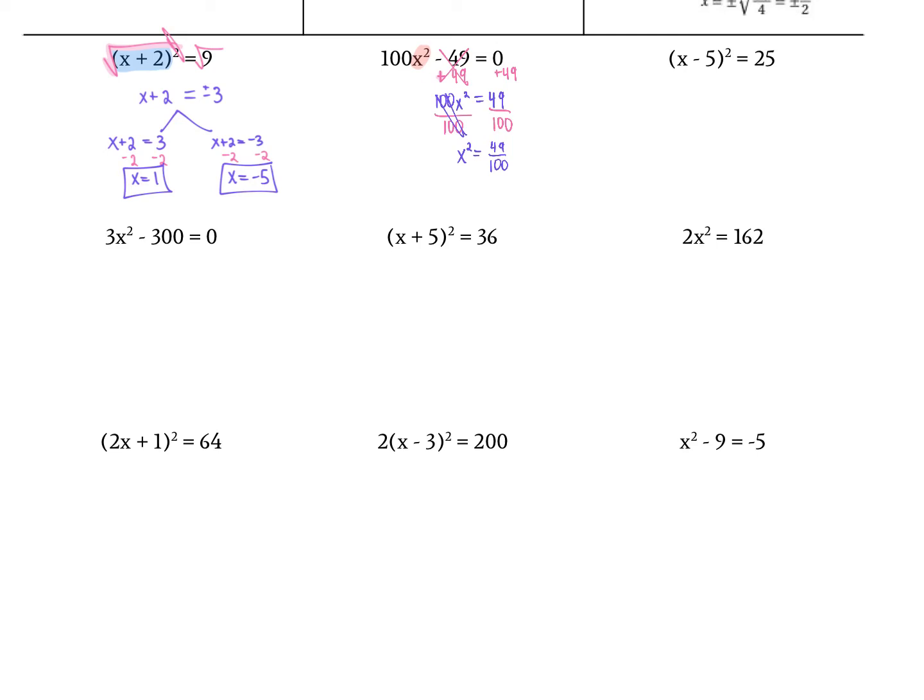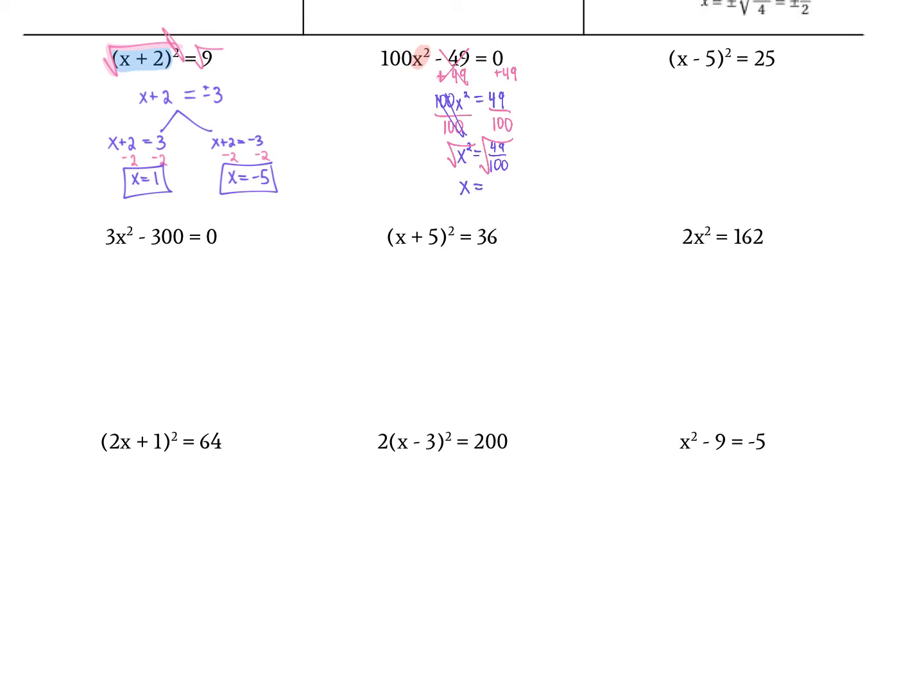So the next step to get x by itself would be to get rid of that square. The opposite of squaring something is to take the square root. So I'm taking the square root of the entire left side and the entire right side.